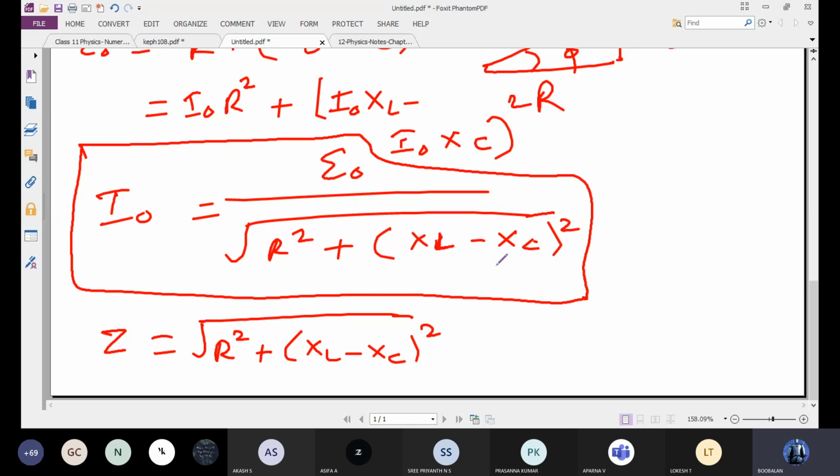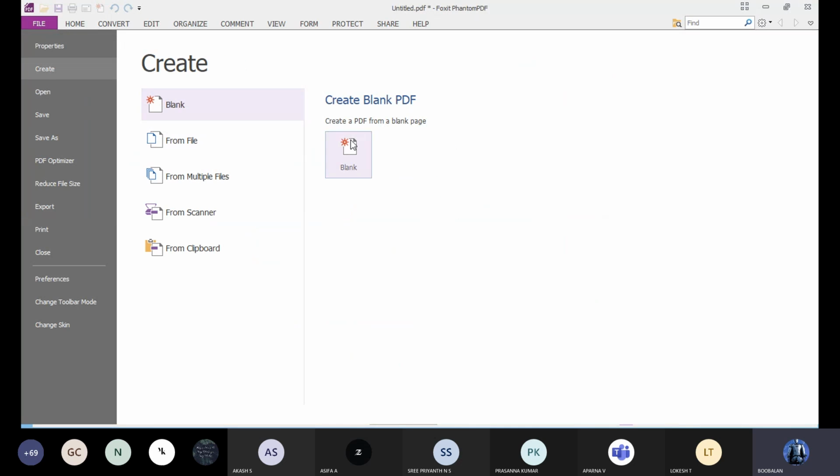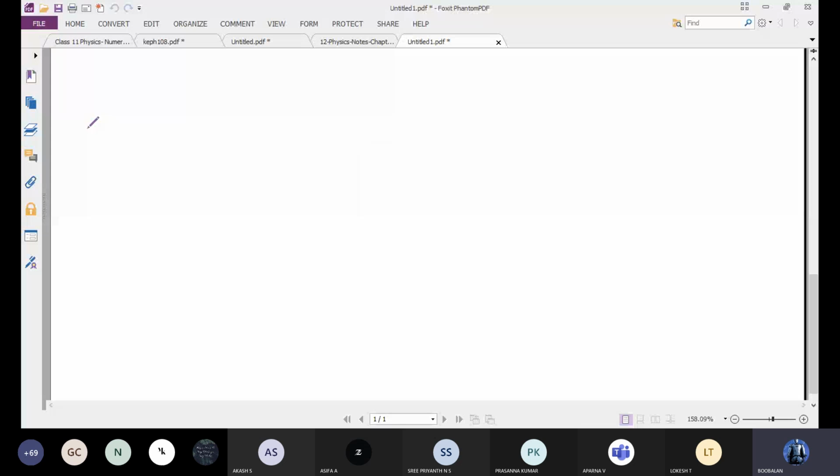So what is the purpose? It impedes the flow of current through the circuit. So another name is impedance. Z is also like a resistance only.